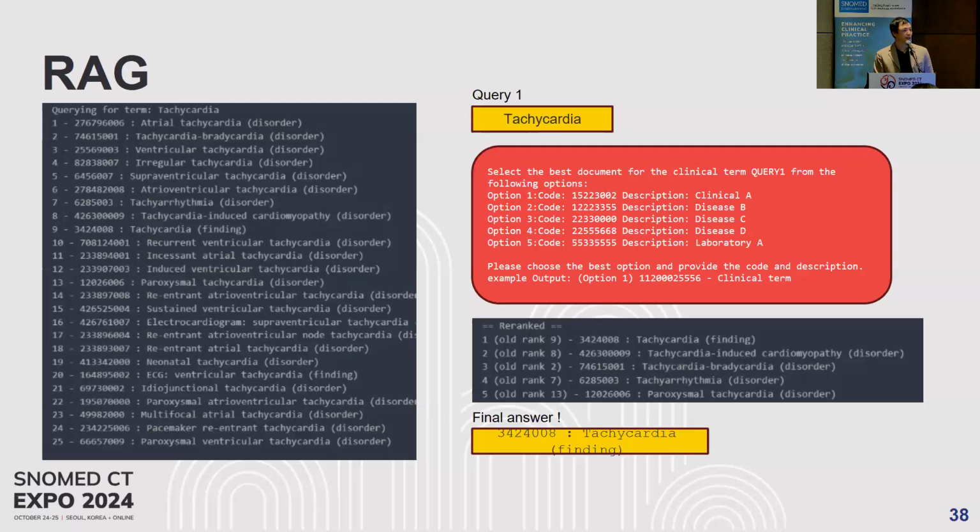We have a lot of tachycardia in the fully specified names. And in the RAG model, what we want is tachycardia, which is in the finding. So we use another model to re-rank it, and then we use another prompt to let the model choose which one is the best. In the re-ranked list, tachycardia comes first, and the final answer is the tachycardia one.